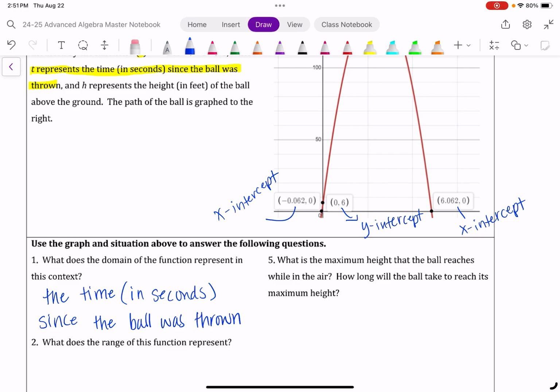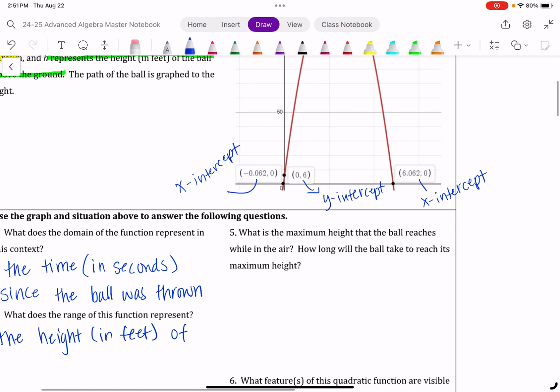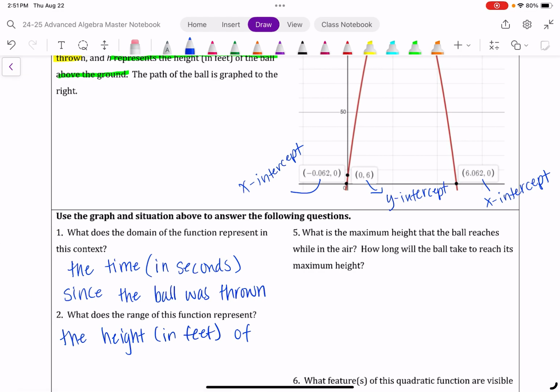All right, and remember, range is represented by y, in this case h, and that is the height in feet of the ball above the ground.